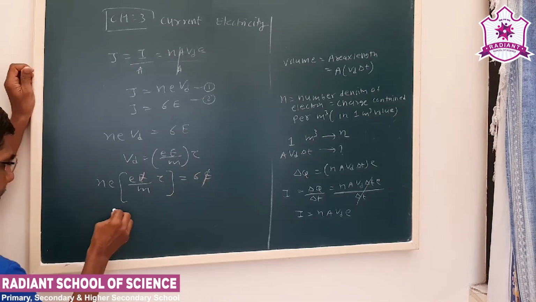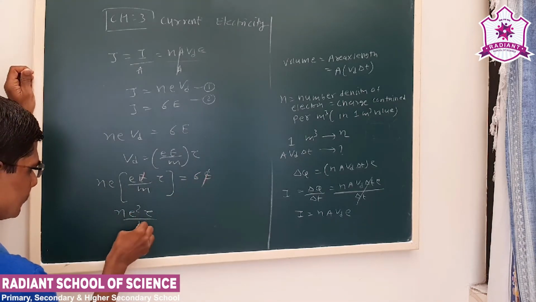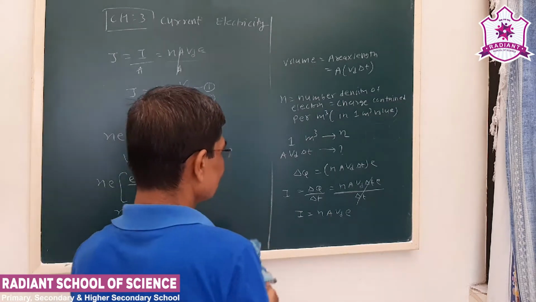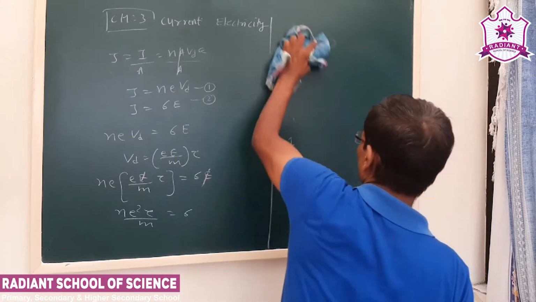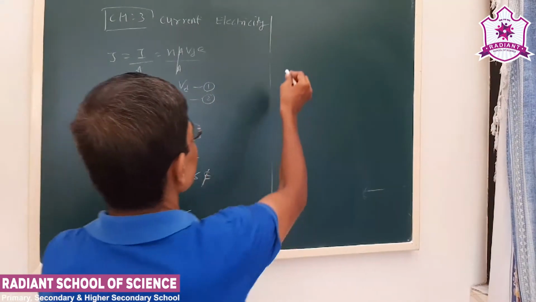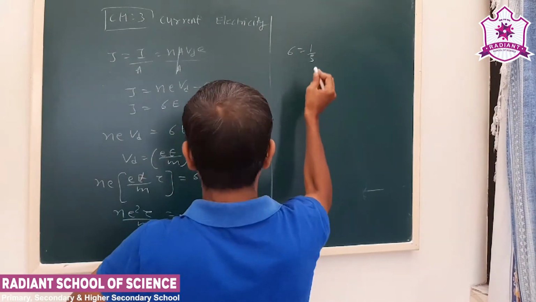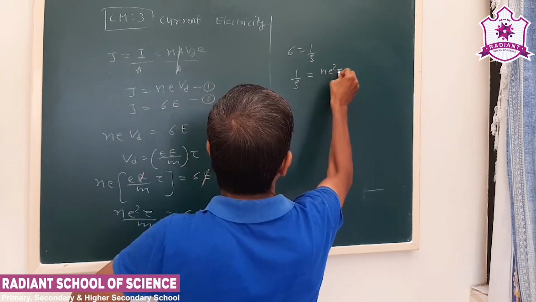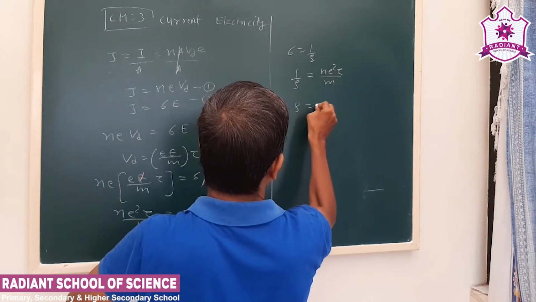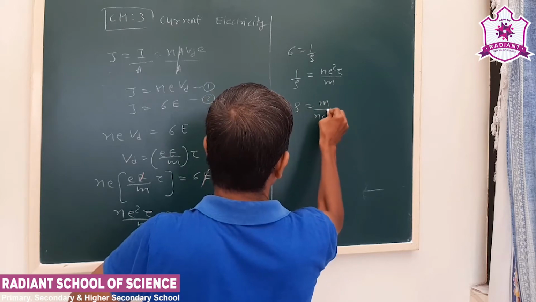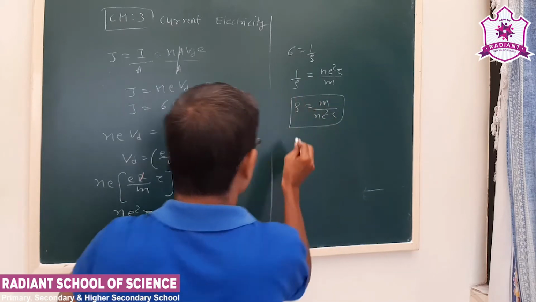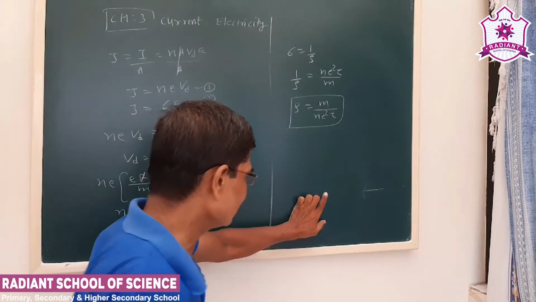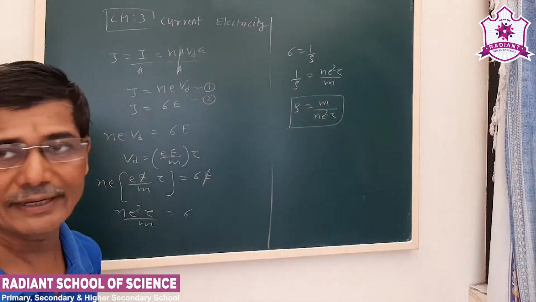So what we get here is sigma, and we know the resistivity is the reciprocal of conductivity. So rho is equal to m upon N e squared tau. Okay, sometimes they ask to prove up to here also. Sometimes this is useful in solving MCQs.